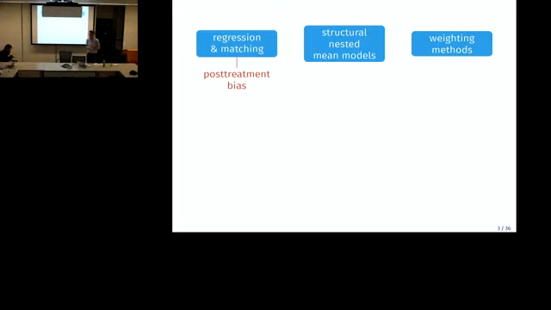So there have been a whole suite of methods developed that allow you to estimate these direct effects, mostly coming out of the biostatistics and epidemiology literature. Two broad approaches that most people know about are structural nested mean models, or generally those kinds of models that focus on modeling the outcome, and also weighting methods, which focus on modeling the treatment conditional on the mediator and covariates.